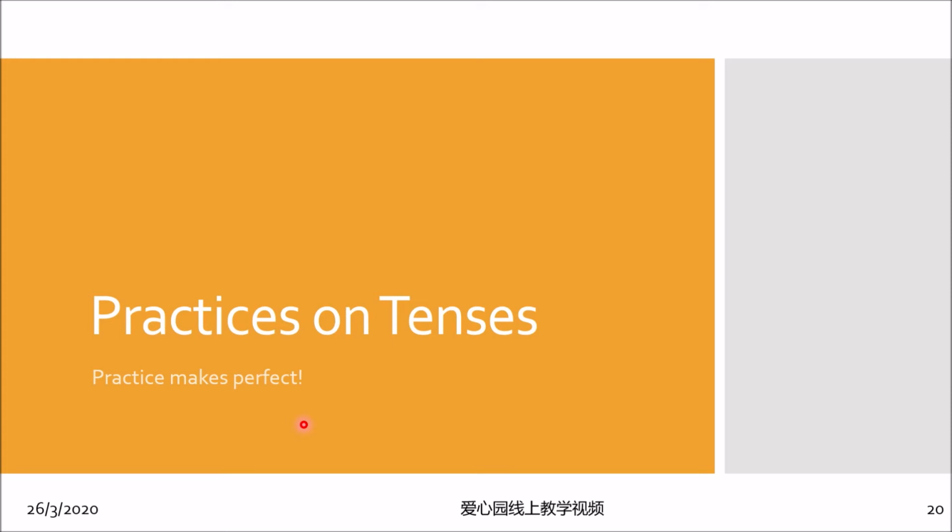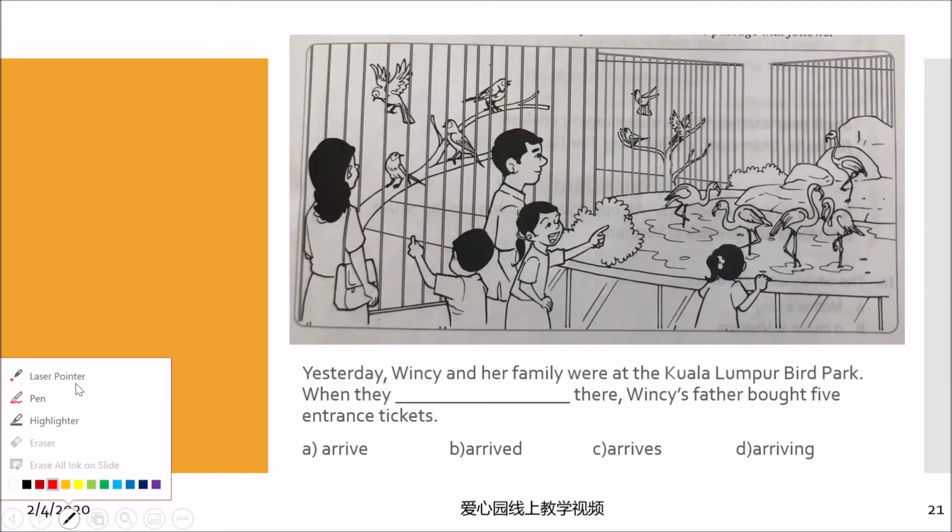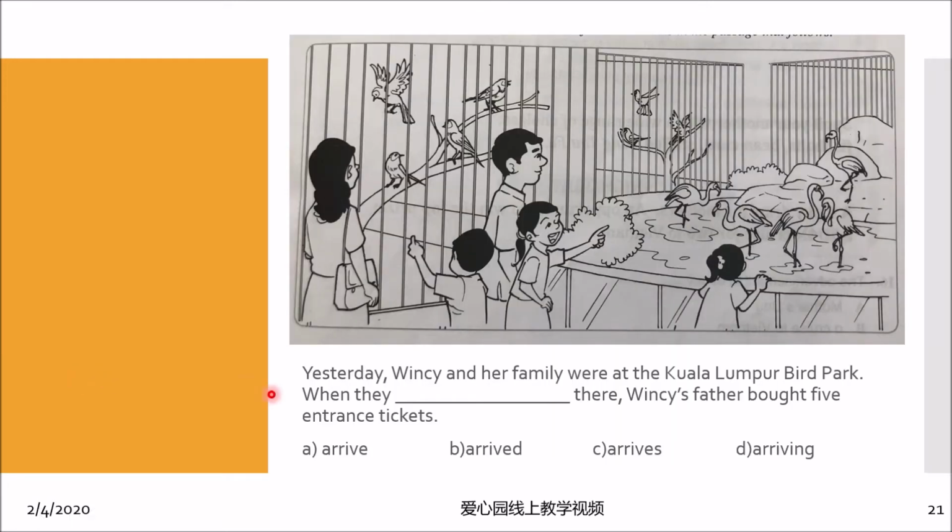Let's have a practice on tenses. So now, I'm going to read the question first and you have 10 seconds to answer. Yesterday, Wincy and her family were at the Kuala Lumpur Bird Park. When there, Wincy's father bought 5 entrance tickets.